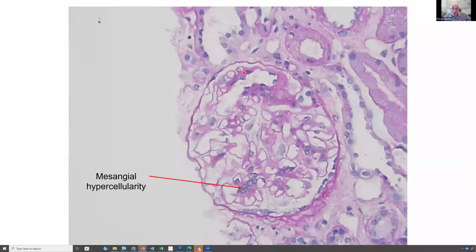So this is one of the glomeruli, and like in the first case, we talked about mesangial hypercellularity. We want to see 4 or more nuclei, and certainly this segment has about 5 or 6 mesangial nuclei. So there was focal mesangial hypercellularity, but less prominent than the initial one.